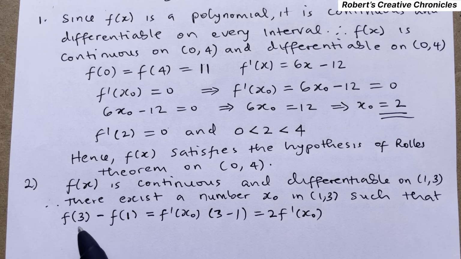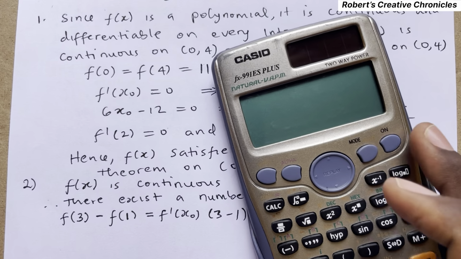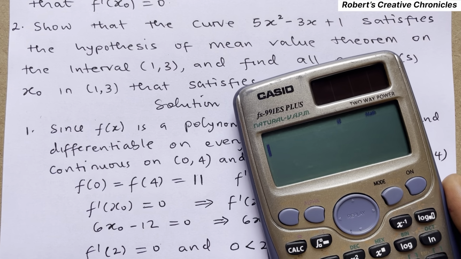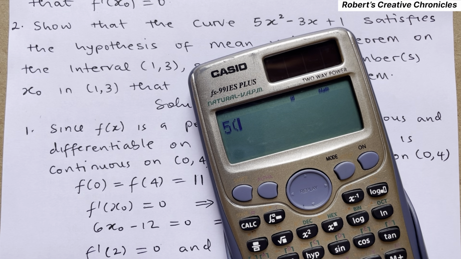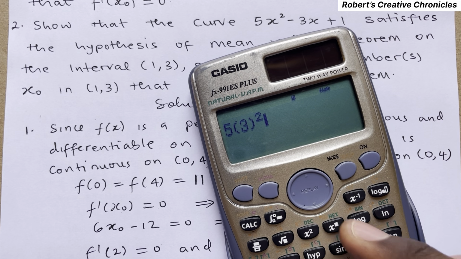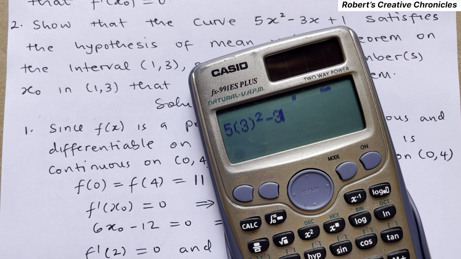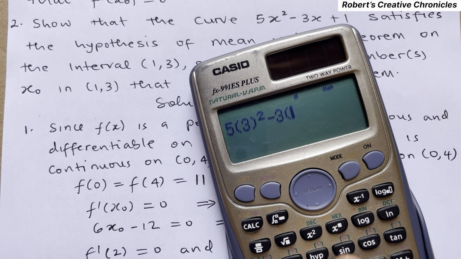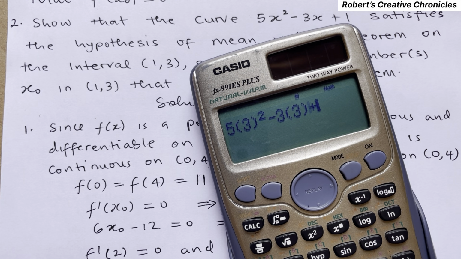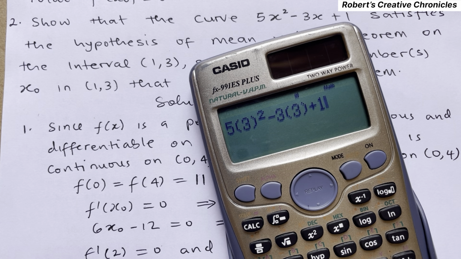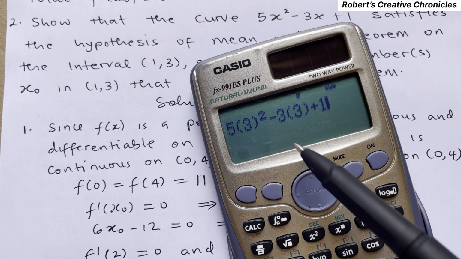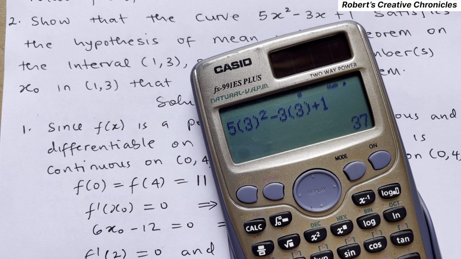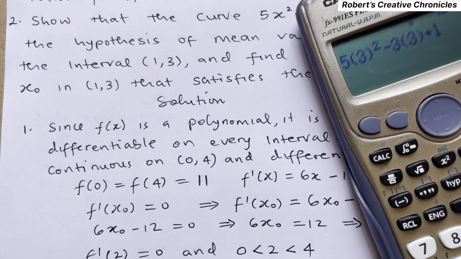Now we have to find f3 and f1 by substituting them into the equation. The equation is 5x squared minus 3x plus 1. So for x equal to 3, it will be 5 times 3 squared minus 3 times 3 plus 1, which is 37. So we can write 37 here.